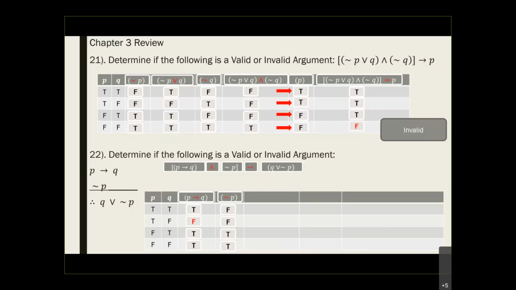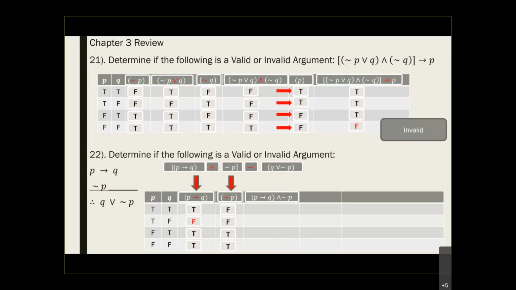Now I can do my AND statement. I forgot to highlight the red, but I need to compare this parenthesis to the negation of P. Reminder, for the AND statement, as long as there's a false, the result is false.